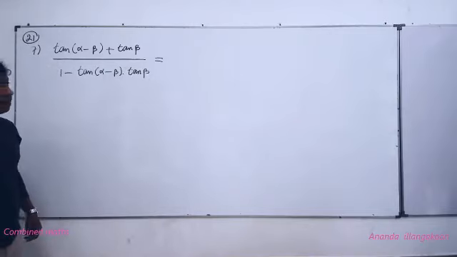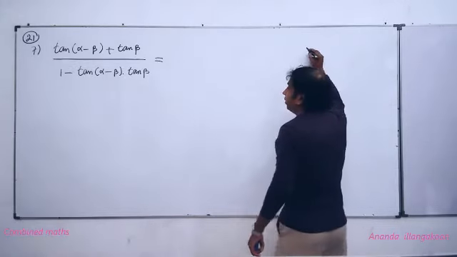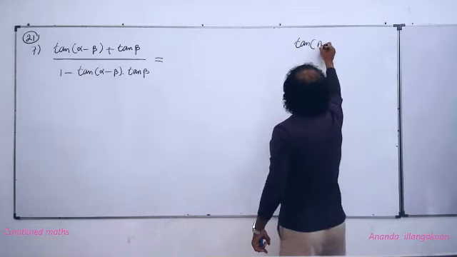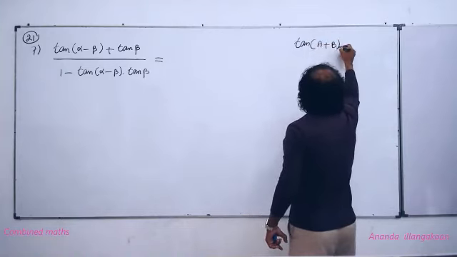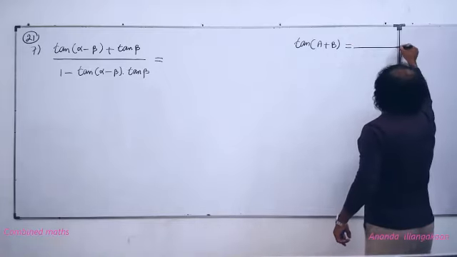People, can you remember the tan A plus B formula? This is the formula number 5 we obtained. What is the expansion of this?